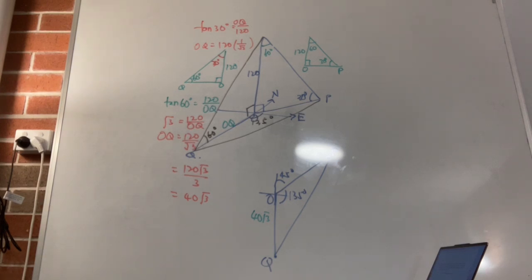OP, you are using... Right. 30 degree is 120, and OP is 60 degree. My calculator's in radians. Try again. Okay, after that you can find out PQ.